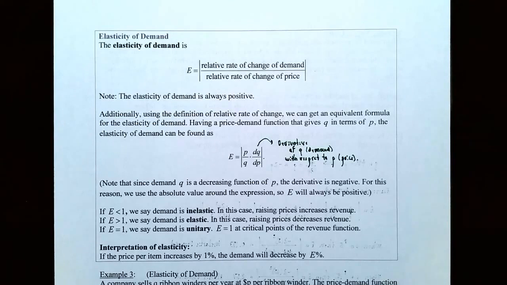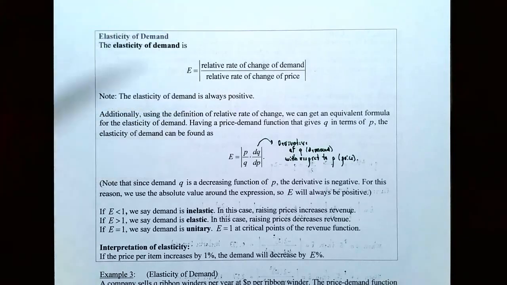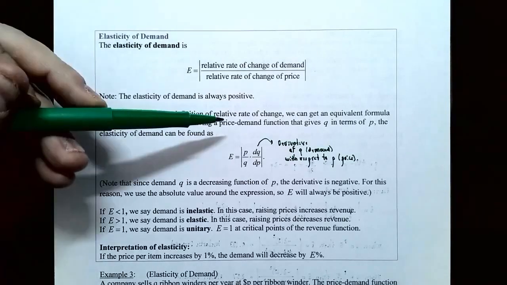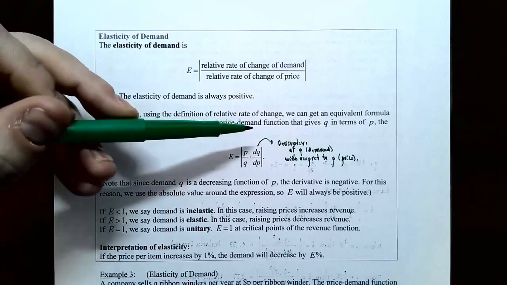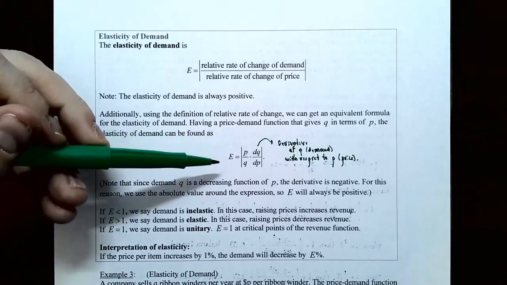Well, that formula can be simplified. Using the relative rate of change definition, you can find an equivalent formula for elasticity of demand that's more useful. So if you have the price demand function that gives Q in terms of P, in other words, Q is solved for, and P is the independent variable, the elasticity of demand can be found by using this formula, which is more useful.